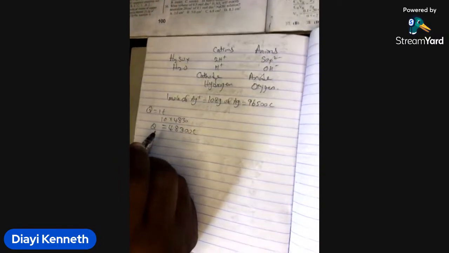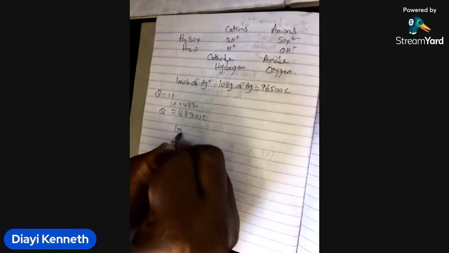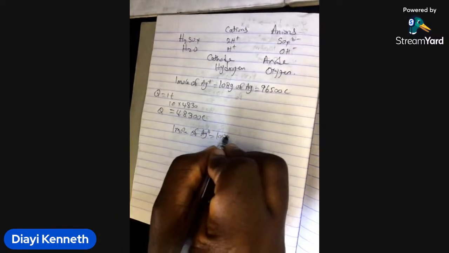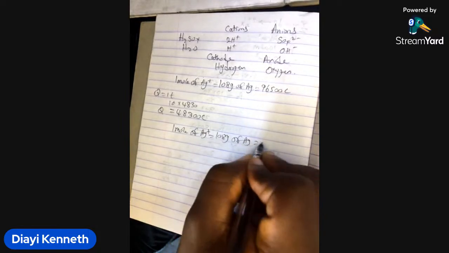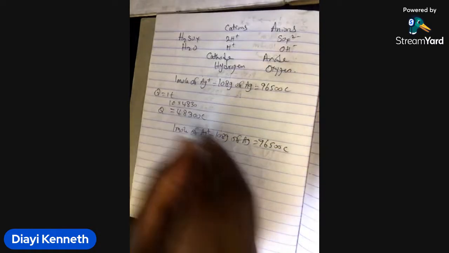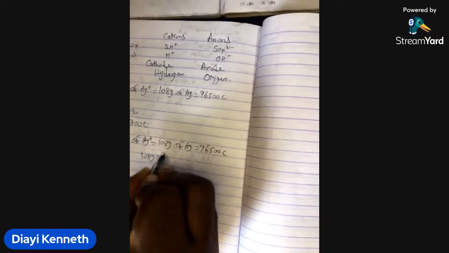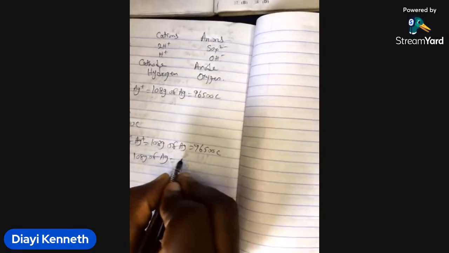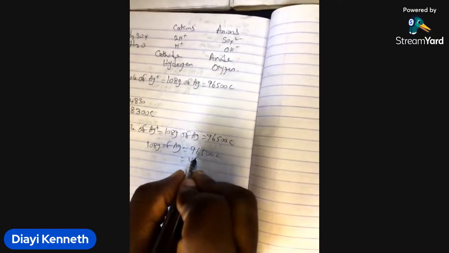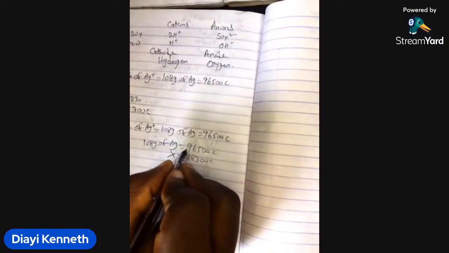But we're asked to find the mass. So using this formula, 1 mole of Ag plus equals 108 grams of Ag, equals 96500 coulomb. Then 48300 coulomb will give us how many grams? X. You cross multiply.